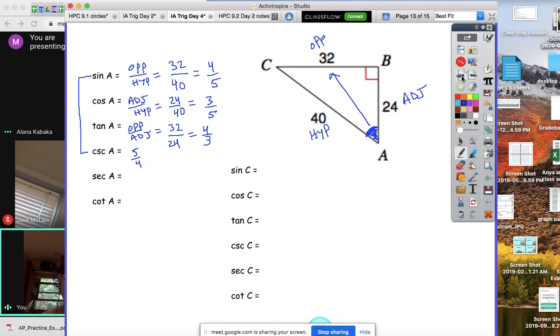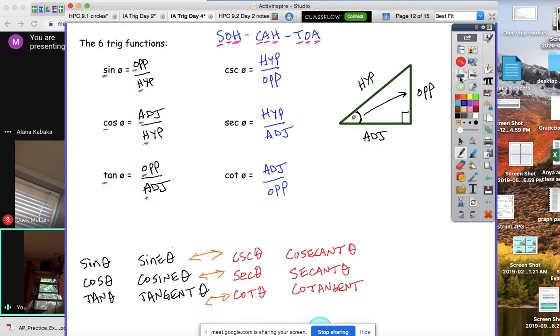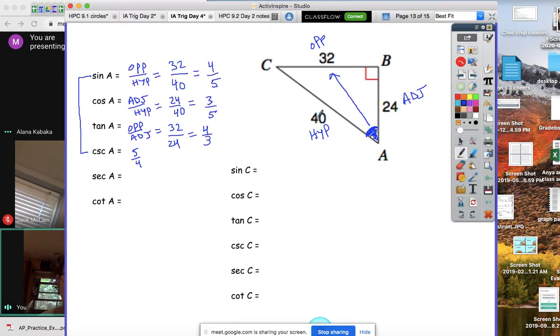The longer way to do it would be going back here and seeing it's hypotenuse over opposite, so that would be 40 over 32, and 40 over 32 reduces down to 5/4. You could do it that way too. I just think it's easier if you recognize cosecant and sine are reciprocals of one another. So whatever sine is, just flip it and you get cosecant.